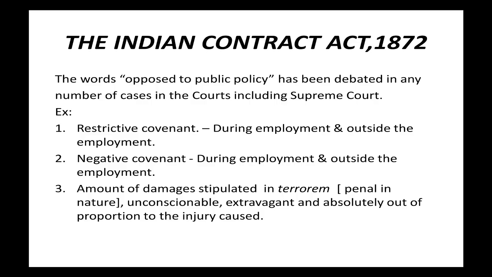Then the third thing is the amount of damages stipulated in terrorem, that is penal in nature. If it is unconscionable, extravagant and absolutely out of proportion to the injury caused, it is opposed to public policy.